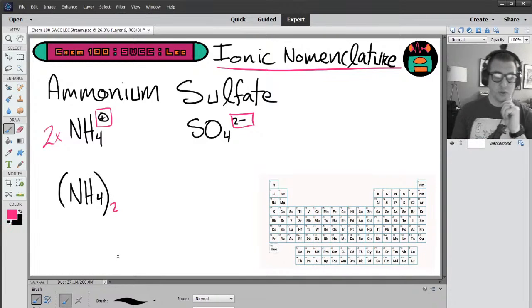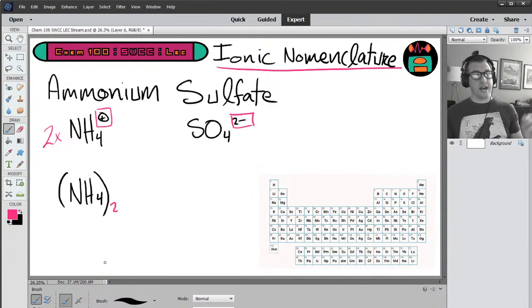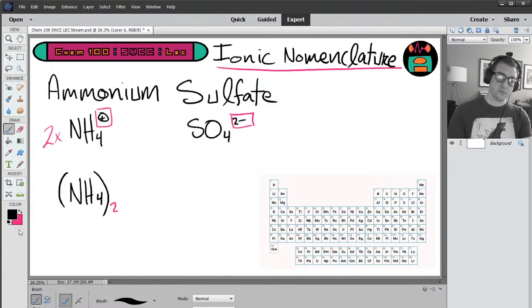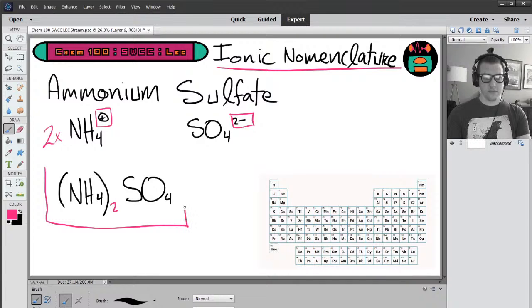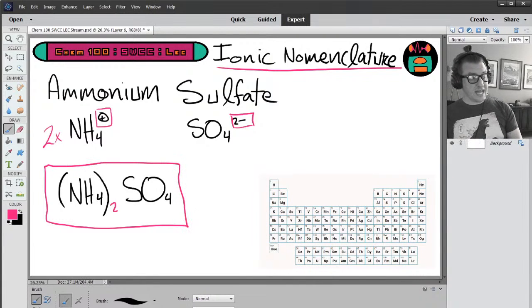And then we put the subscript, the number of that polyatomic ion, outside the parentheses. So the chemical formula will be (NH4)2SO4.